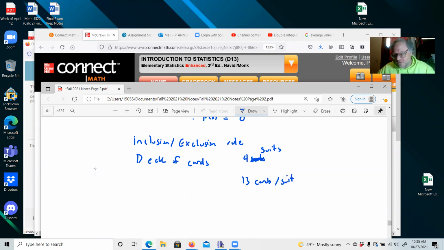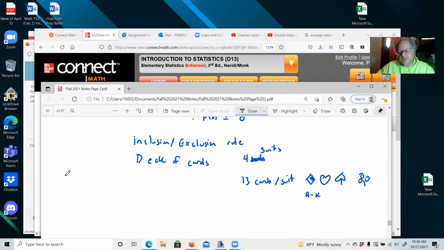Suit meaning, right, diamond, heart, spade, or club. There's an ace through king for each one of these. So there are 4 kings in a deck of cards: king of diamonds, hearts, spades, and clubs.